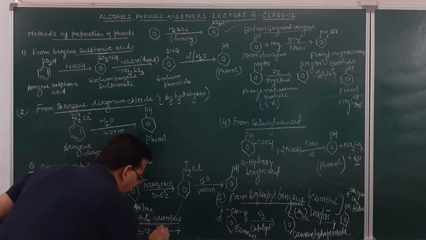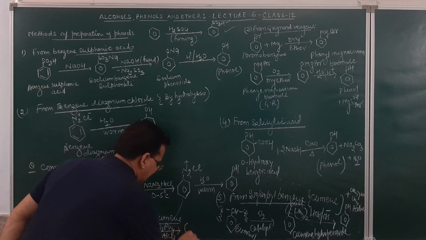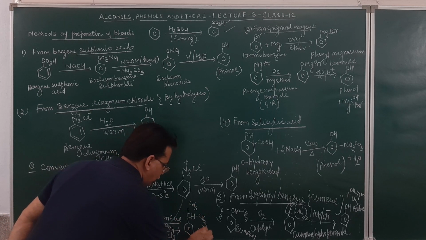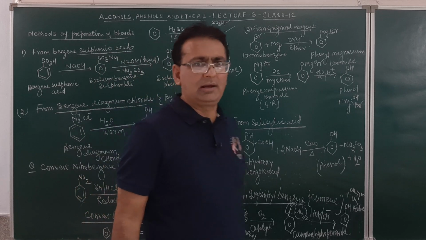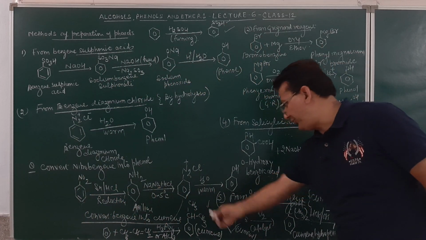CH, CH3 and CH3. This is a cumene molecule, which can also be called isopropyl benzene. Am I clear?